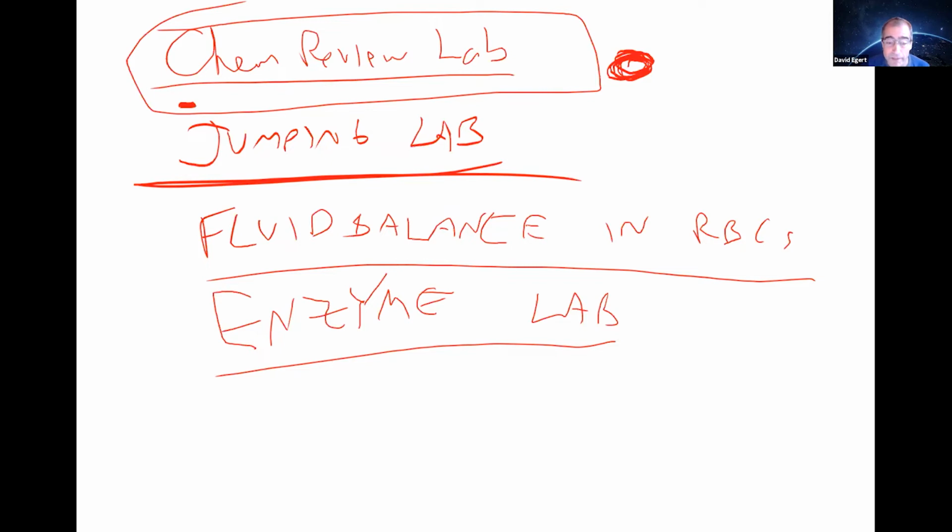Enzyme Lab. This one confused a number of people. Some people have come into office hours, and this is good. It's actually great when people are confused and come into office hours and we have a chance to straighten things out, because that's the whole point.